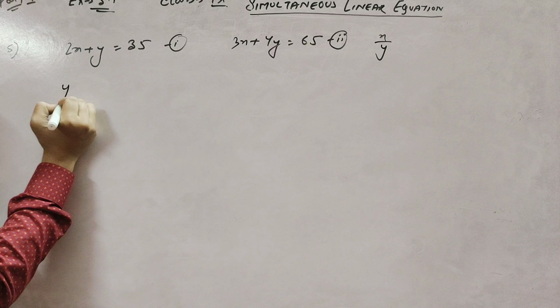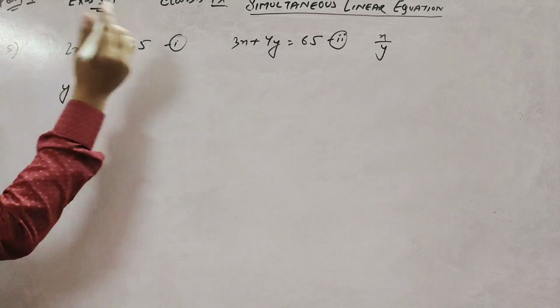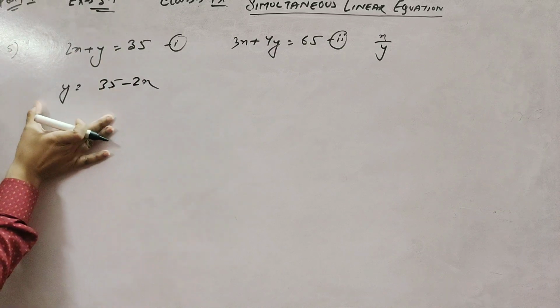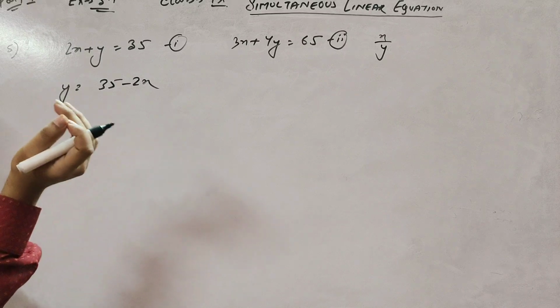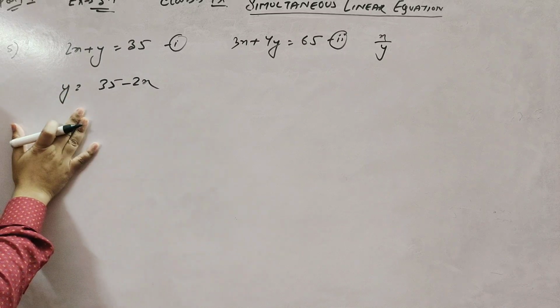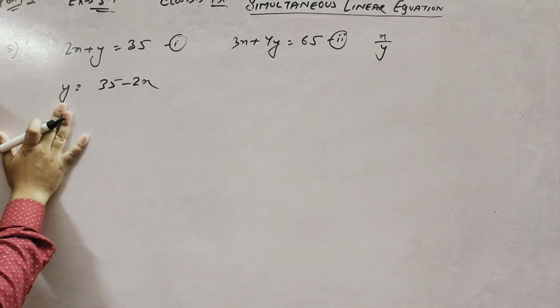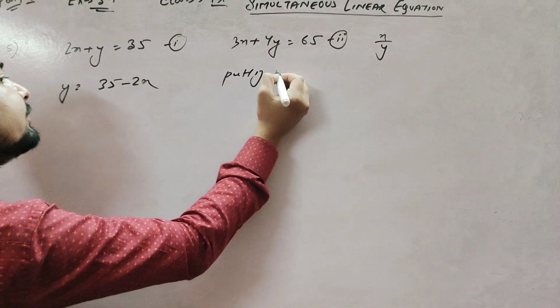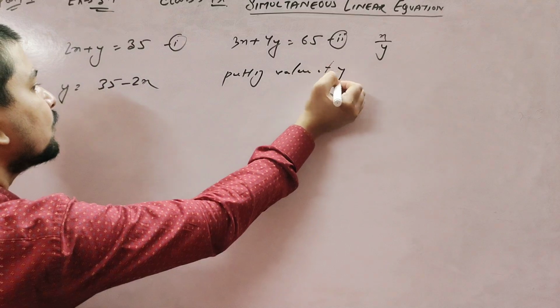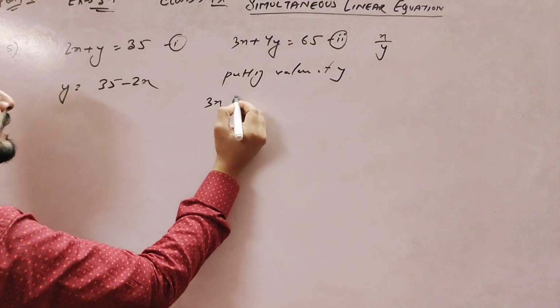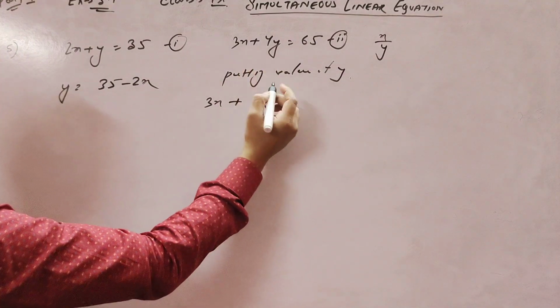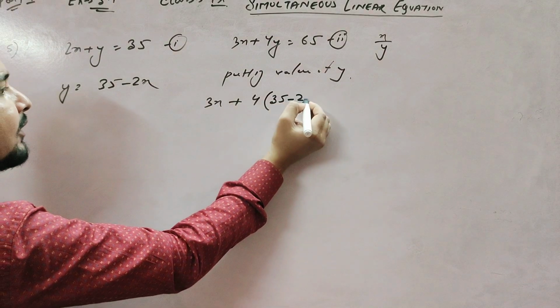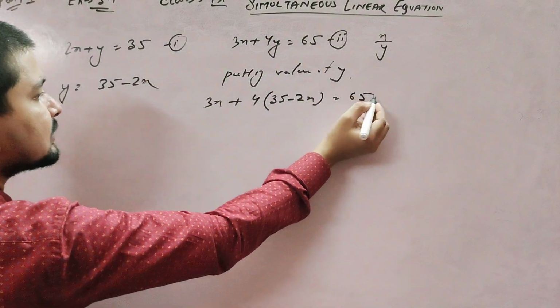Okay, so y equals 35, this plus 2x goes this side, that is minus 2x. So we get the value of y. Just we do a little change. From here we did not find the value of x, we just find the value of y. So now putting the value of y. So 3x plus 4, in place of y we write 35 minus 2x, equals 65.